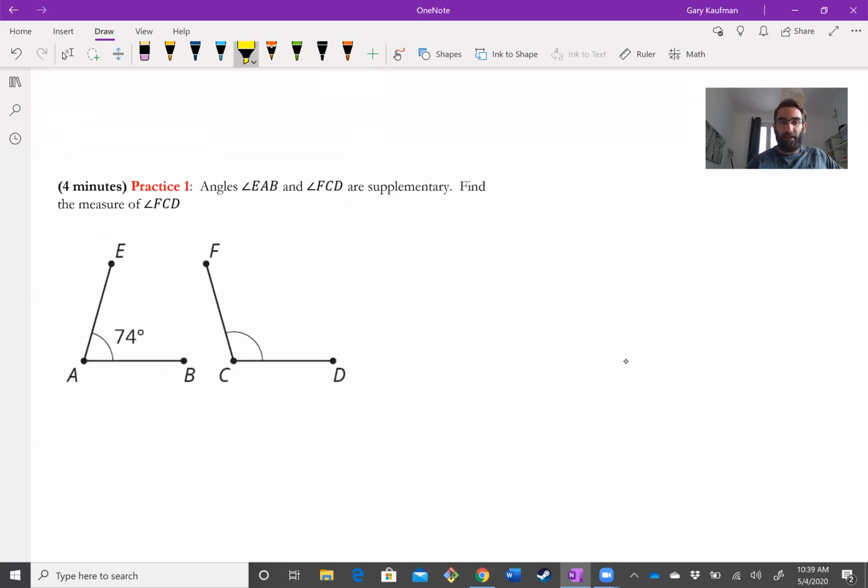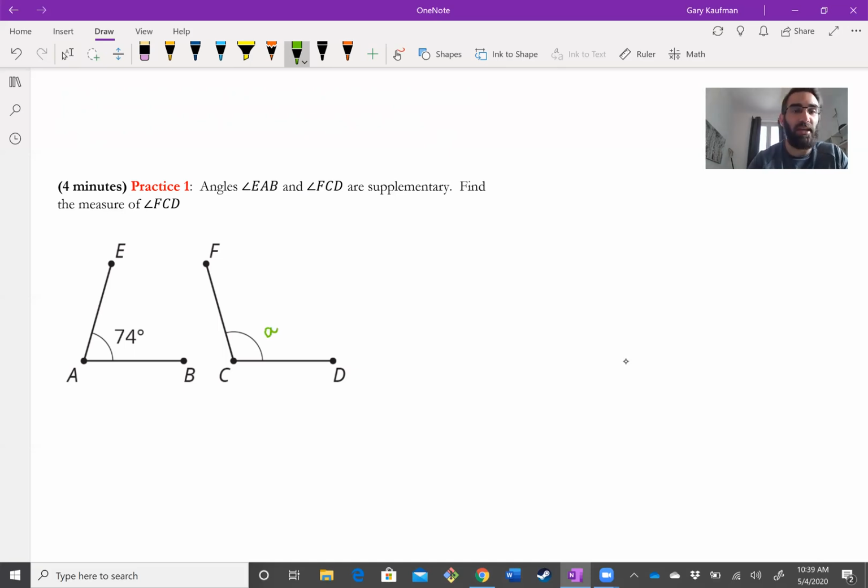Here's your first practice. Angles EAB and FCD are supplementary. Find the measure of FCD. Now, I know some of you might not be writing equations, but I'm starting to write equations because I think it will help us later down the road.